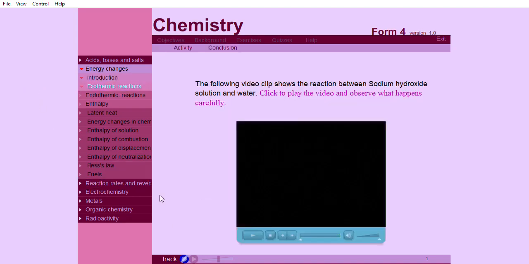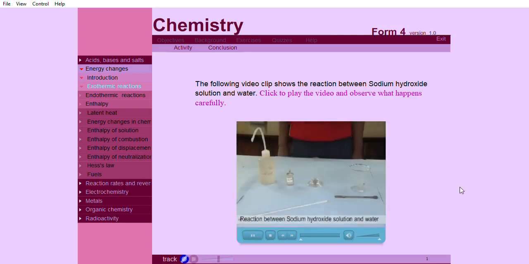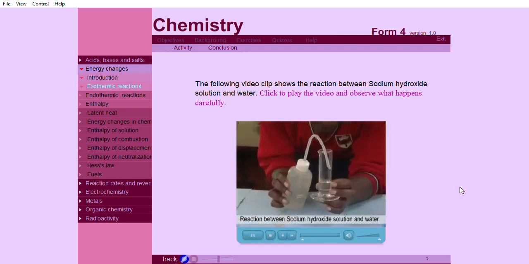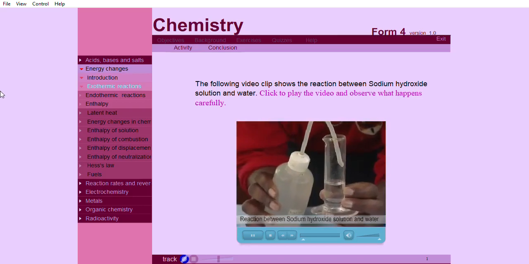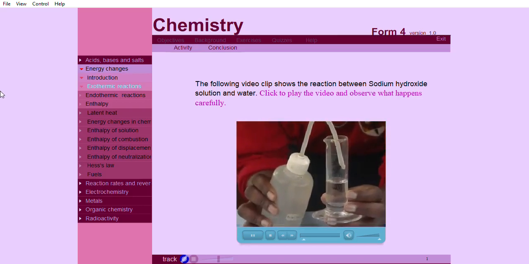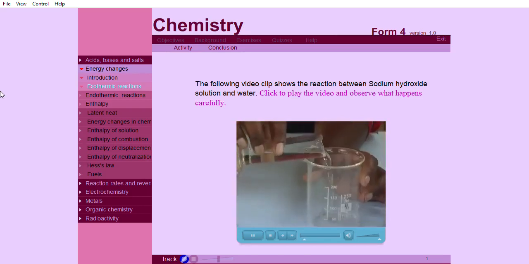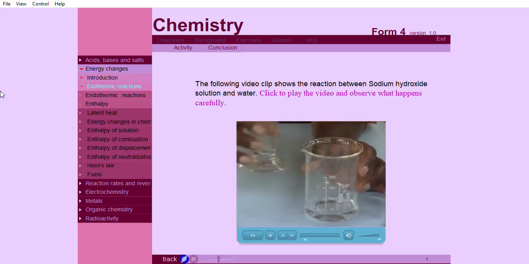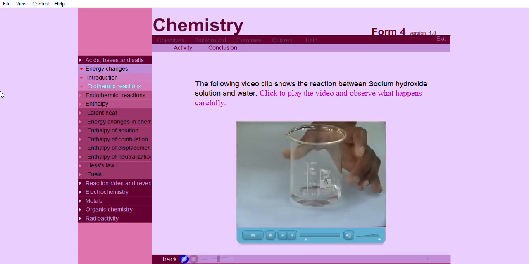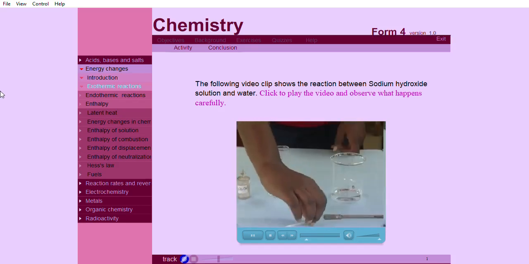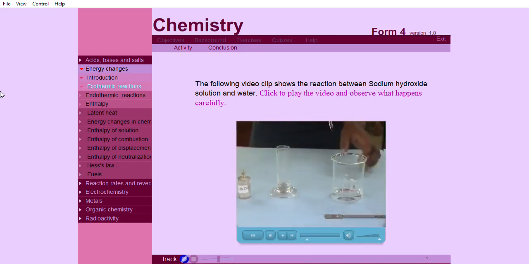The following video clip shows the reaction between sodium hydroxide solution and water. Click to play the video and observe what happens carefully. The following video clip shows the reaction between sodium hydroxide pellets and water. Procedure. Put about 25 cubic centimeters of water into a beaker. Measure the temperature of the water using a thermometer.